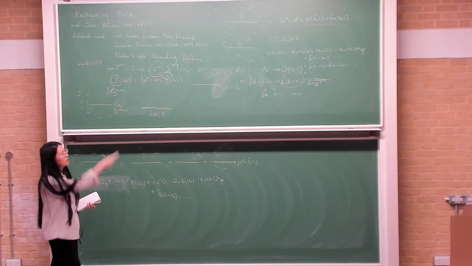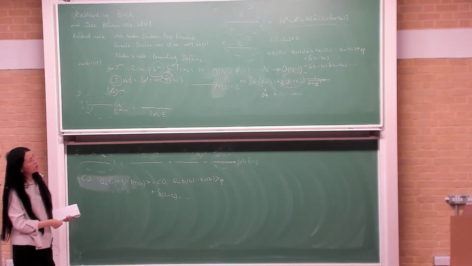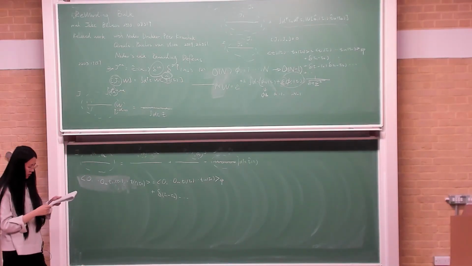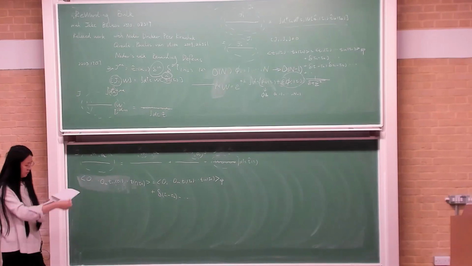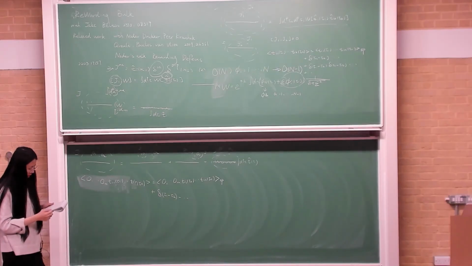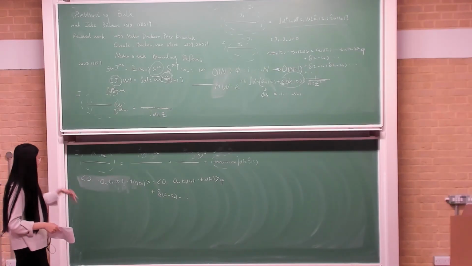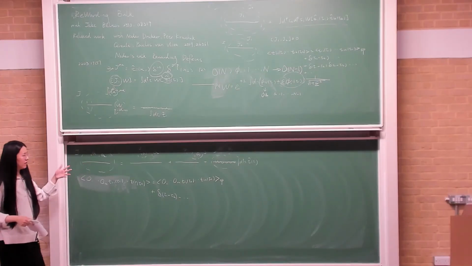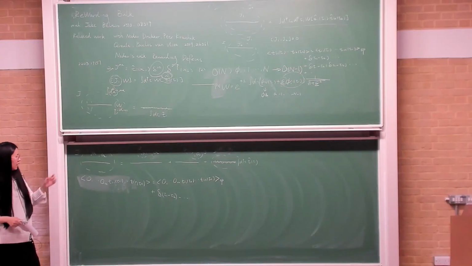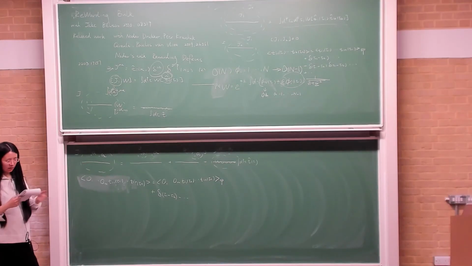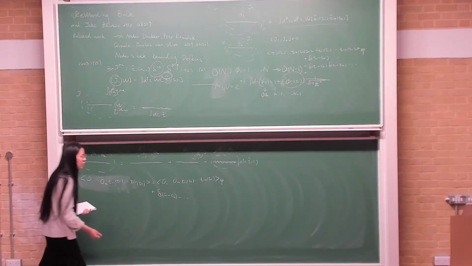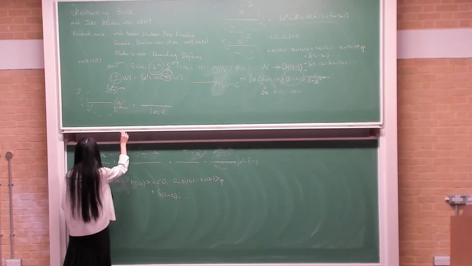So it's very similar to the pure defect case, just with some bulk operators. Okay, and as I said, this is a very naive picture demonstration. And now let me do something rigorously to get the formulas.